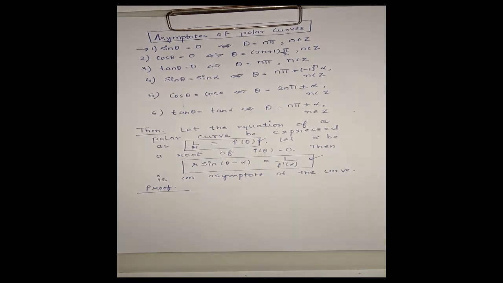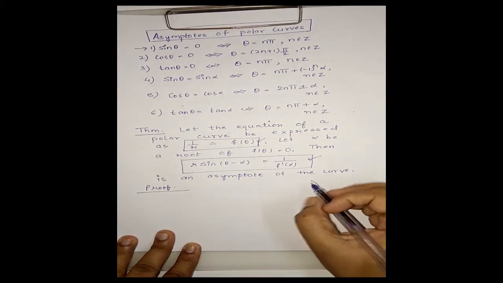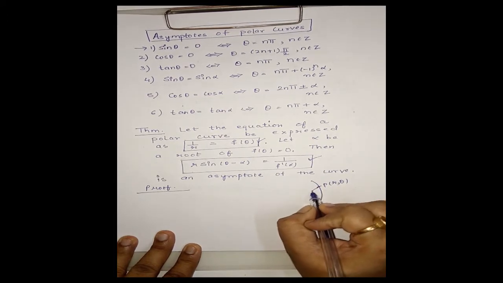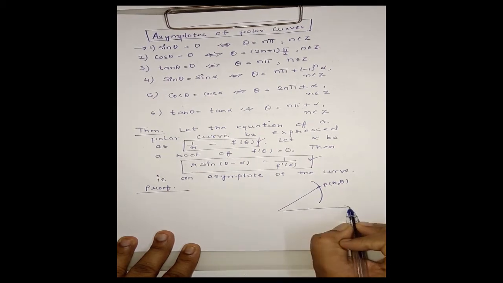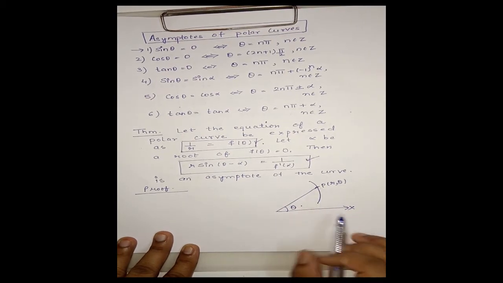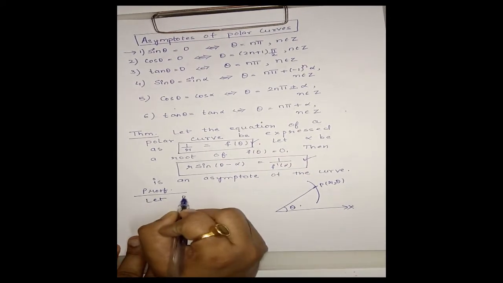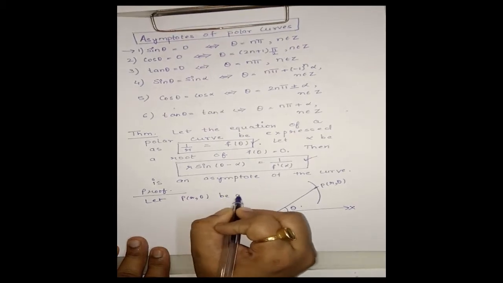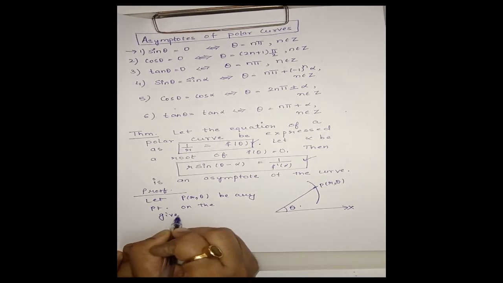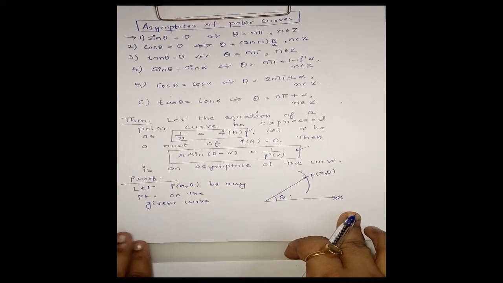First let us prove this result. If I have this curve, and here I have the point P(r, theta), where theta is the angle which this point makes with the x-axis.